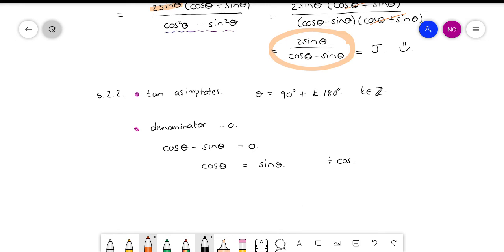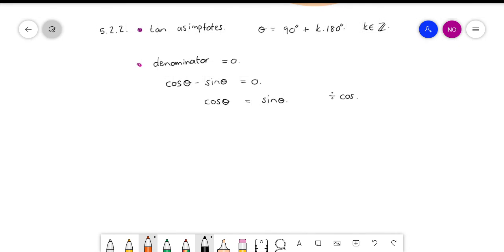Remember? Jy gaan deel aan al twee kante deur cos. Nee man, ek het dit soos eergister vir julle gesê. Nou die dag man. Yes? And then you do your what's.